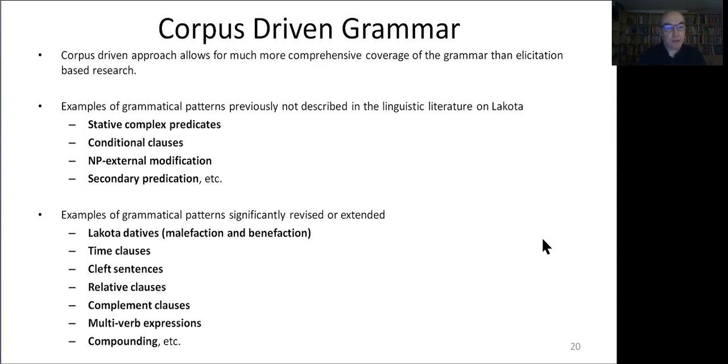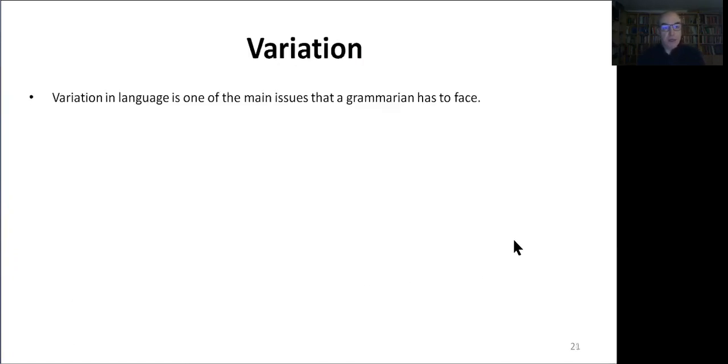And so, for example, in the Lakota grammar, there are a number of grammatical patterns that were previously not described in the literature on Lakota, and here are some examples, and also examples of patterns that were significantly revised or extended in this book. Variation in language is one of the main issues that a grammarian has to face and deal with.